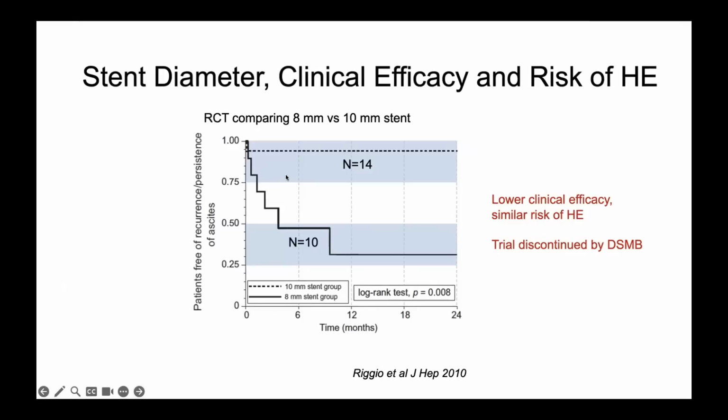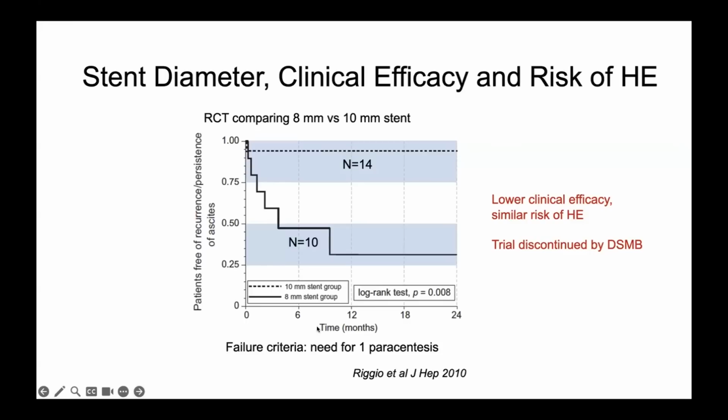And the problem with this trial is that it was prematurely stopped by the Data Safety Monitoring Board, after only including 24 patients with refractory ascites, because there was lower clinical efficacy in controlling ascites, and there was a similar risk of hepatic encephalopathy.